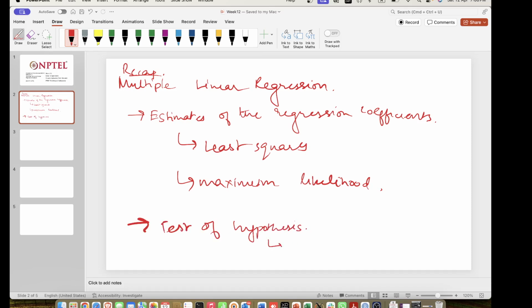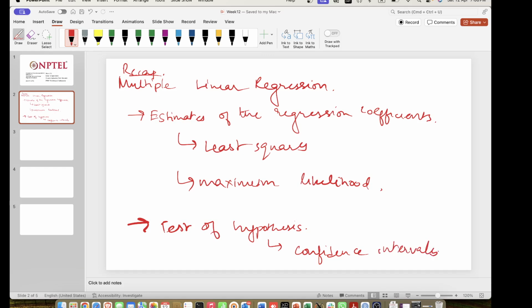There we wanted to check whether an independent variable is significant or not, in the sense of whether it is important in the model or not. As a continuation to this, we also learned about confidence intervals.